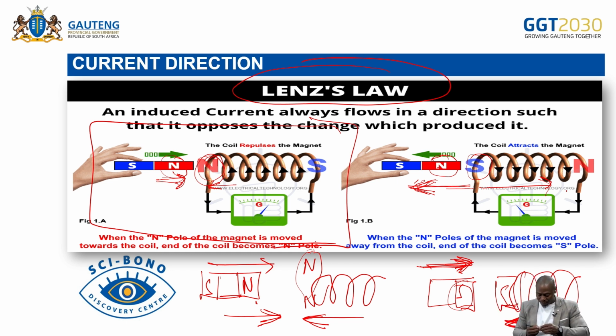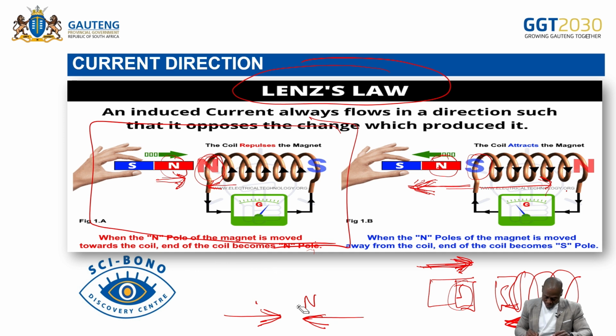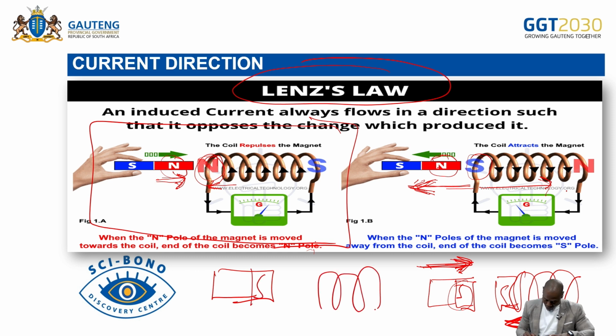It's like, for example, if I have the magnet, I'm having the south pole. This is my solenoid, okay? So I'm pulling away, right? So this magnet is pulled out of the coil or out of the solenoid.